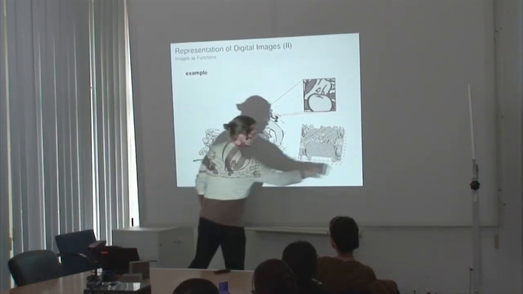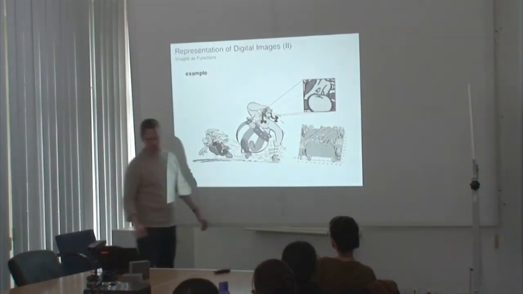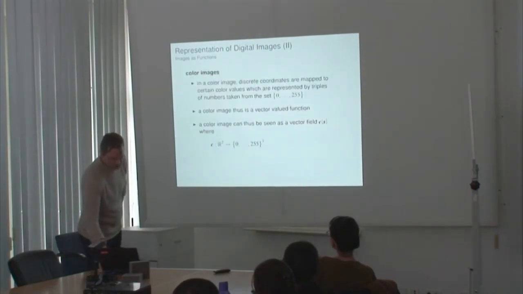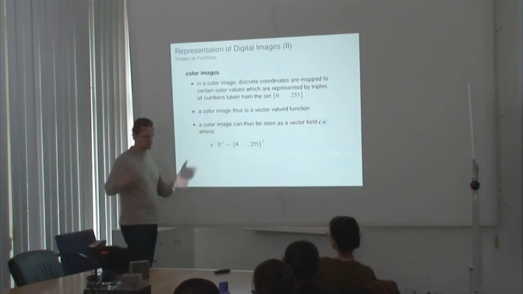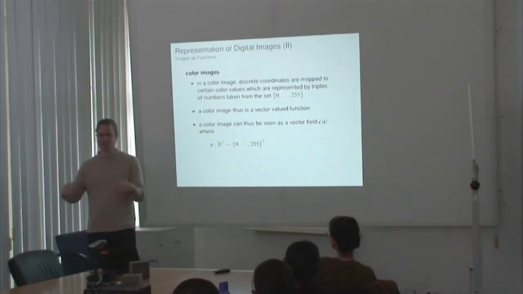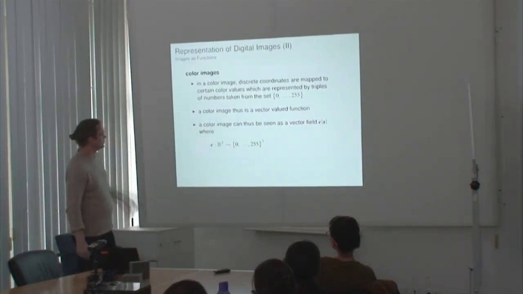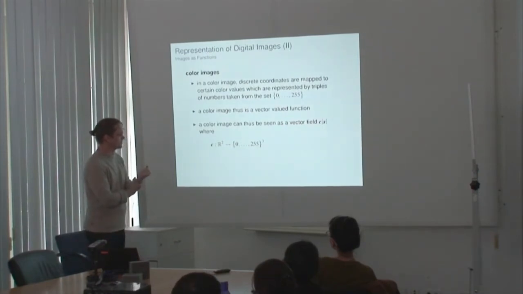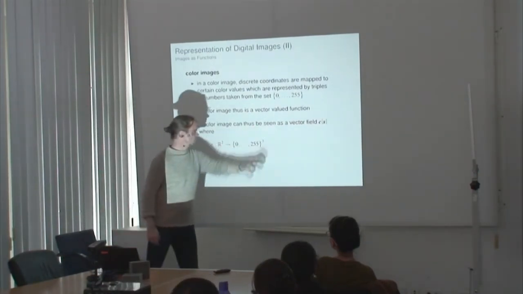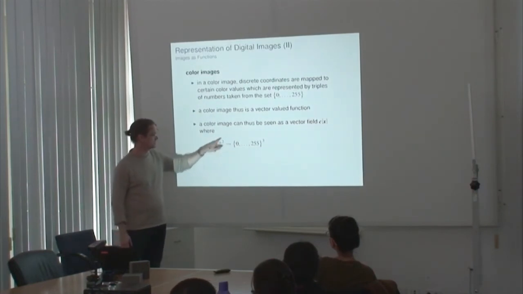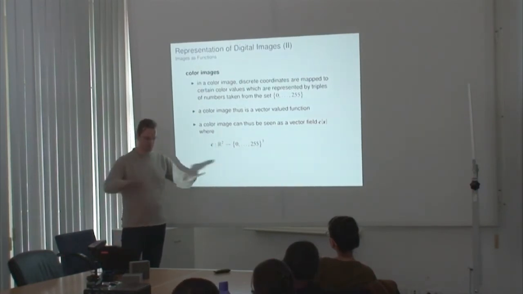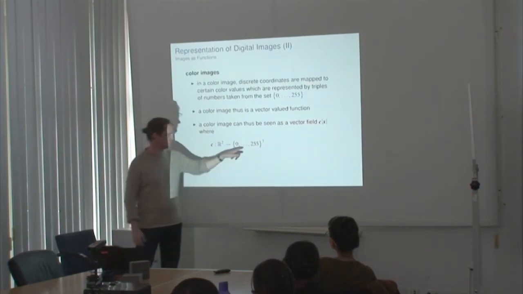Certain coordinates are mapped to certain values. Now, color images, so far we have thought of them as consisting of three matrices, being a tensor. We can think of them as what is called a vector field, which is to say a color image is a function that maps spatial coordinates to vectors.